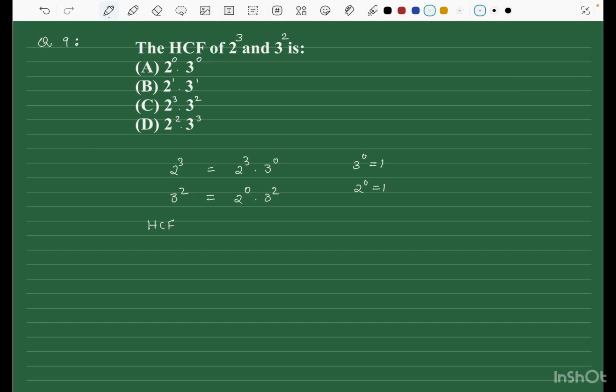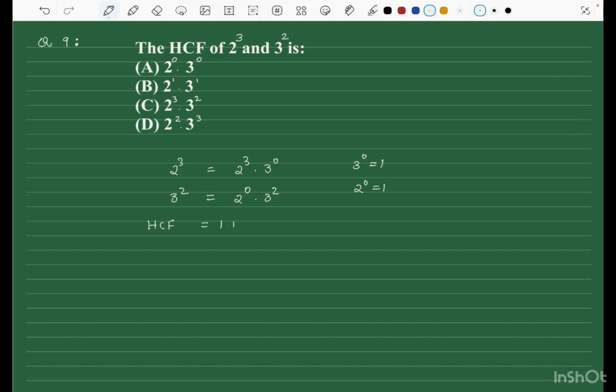So HCF is the common factors in both. Let's take 2. 2 raised to 0 is common, since in 3 raised to 2 there is no factor of 2. So there are no common factors in 2 raised to 3 and 3 raised to 2. So 1 is the common factor.